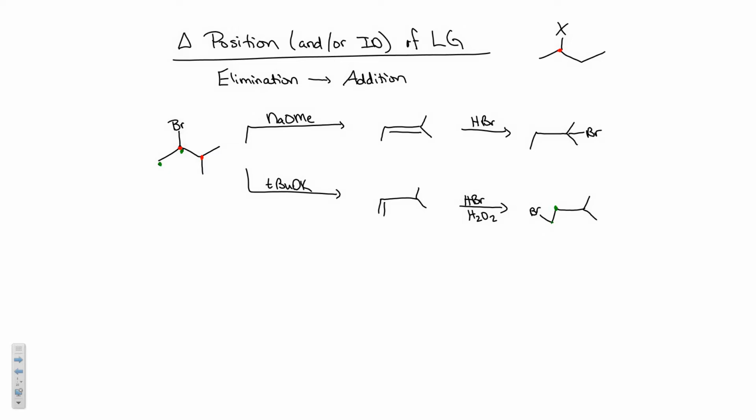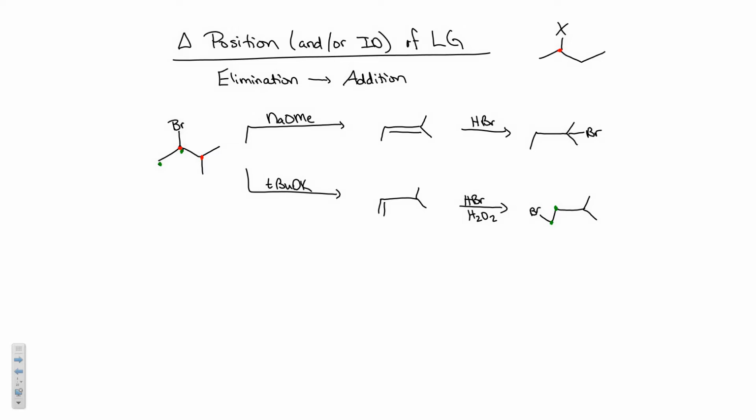So depending on where you want to relocate your functional group, you pick the base, do the elimination, and then you have to pick your addition reagent to put it preferentially which functional group you want and where you want it. Does that make sense?